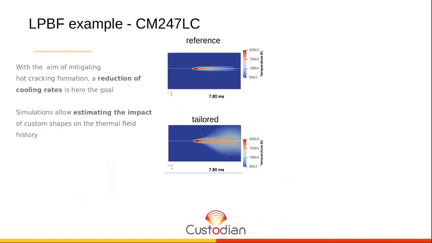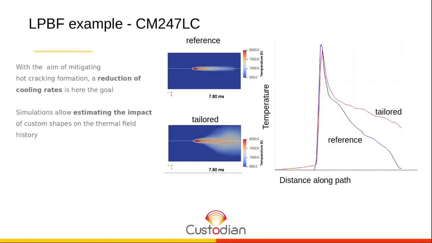For the case of powder bed fusion, here is also a very simple example in order to explain what kind of work we are doing, trying to estimate the effect of different variations in the beam shapes on the final process. You can see here also a comparison of the reference conditions using a tailored beam.